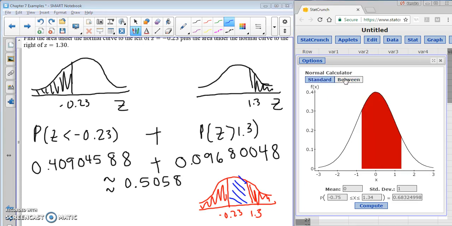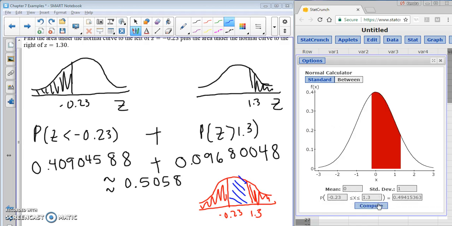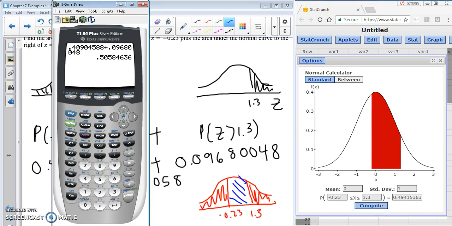So let's do that, right? Let's change this to negative 0.23, and this one to 1.3, and hit compute. And we're going to do 1 minus 0.49415363.